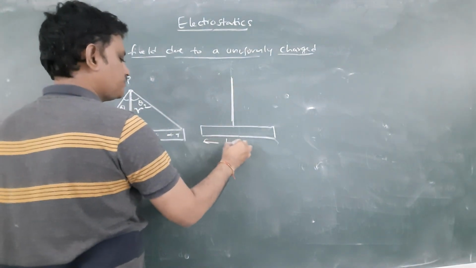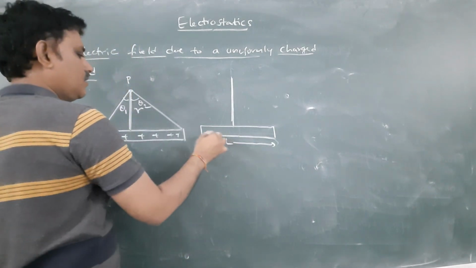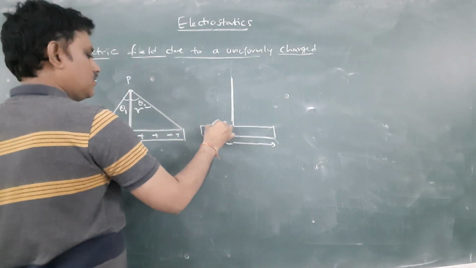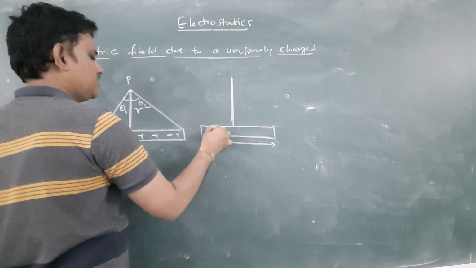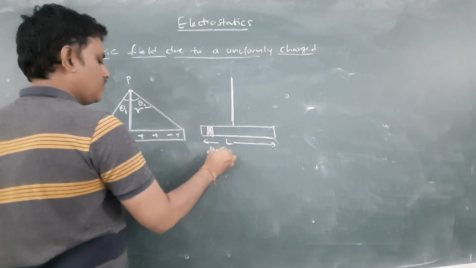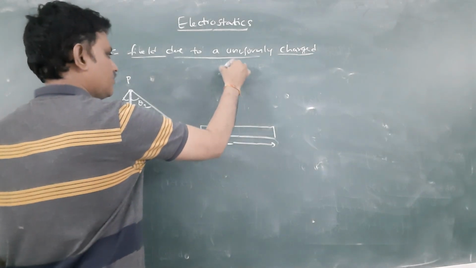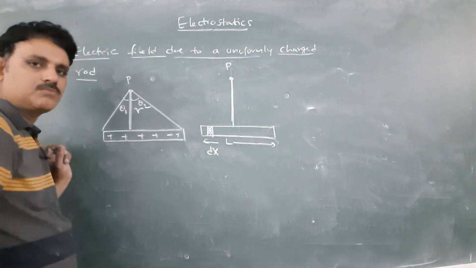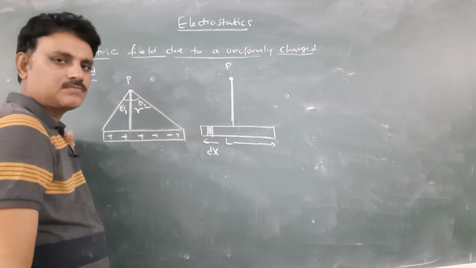having length L, and we choose a small length element initially. Initially we calculate the electric field at this point with respect to a small element dx.